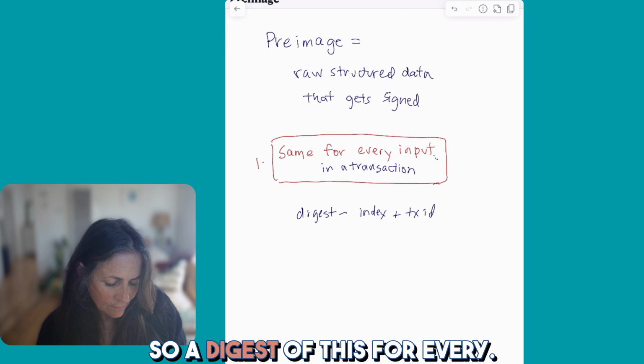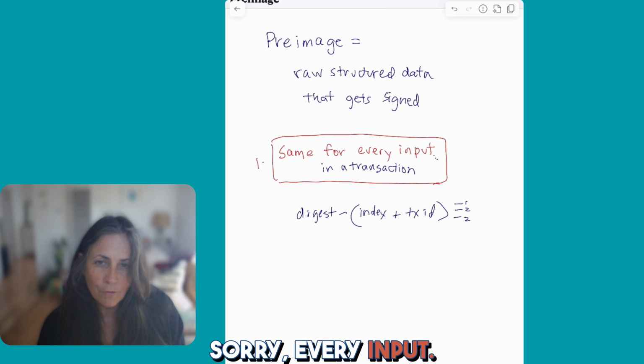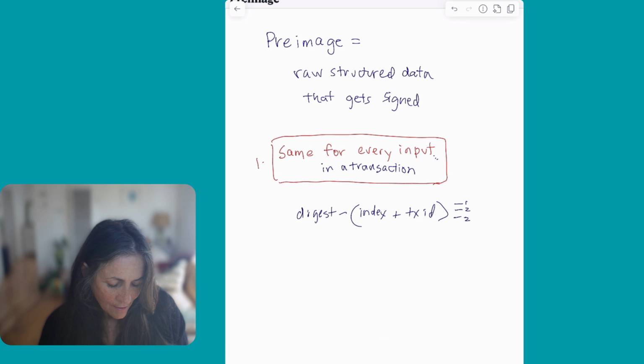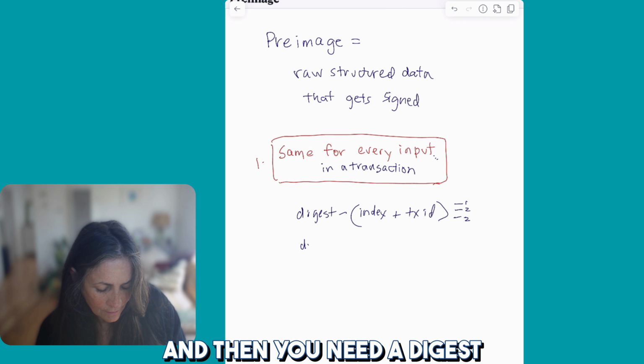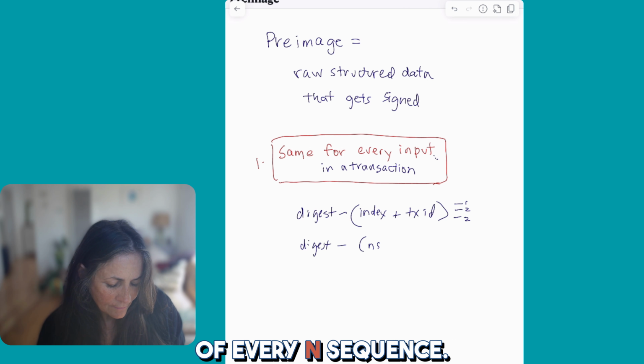So a digest of this for every input. And then you need a digest of every nSequence.